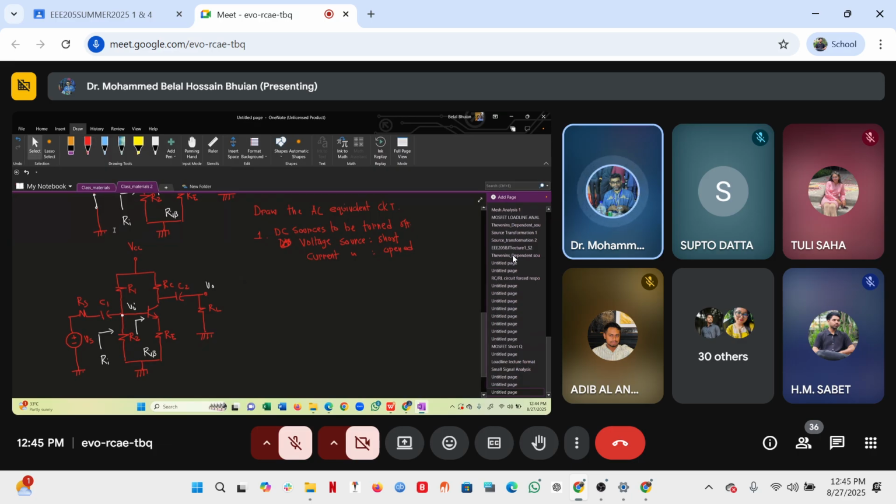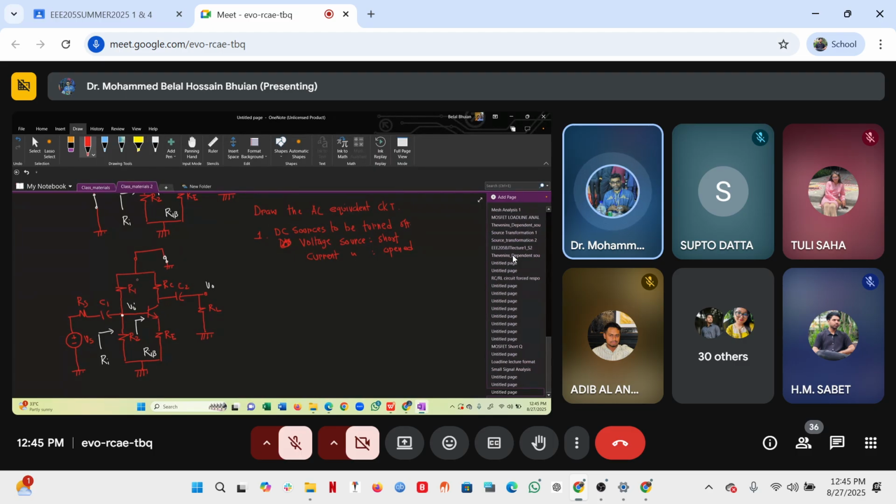Okay, so let's do these things. First of all, we have got VCC, DC voltage source. If I short it, what does that mean? Remove it, short it. Step 2, we have capacitors.